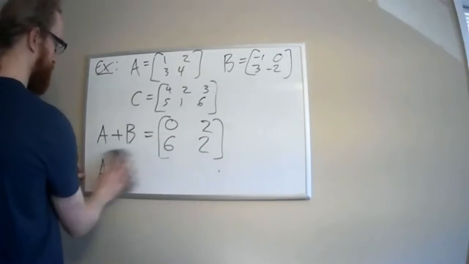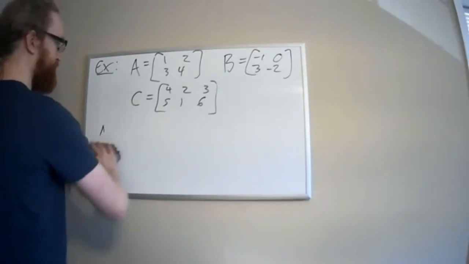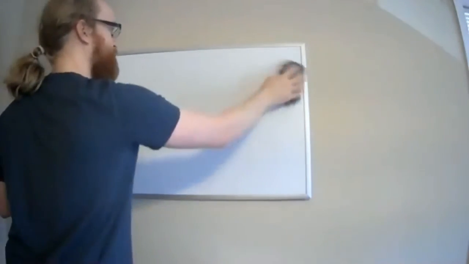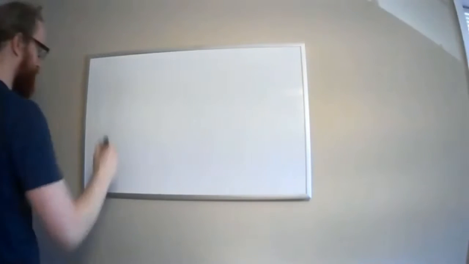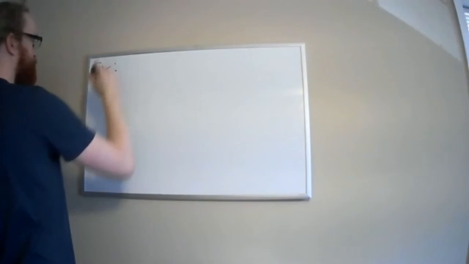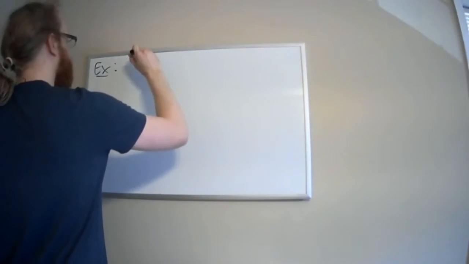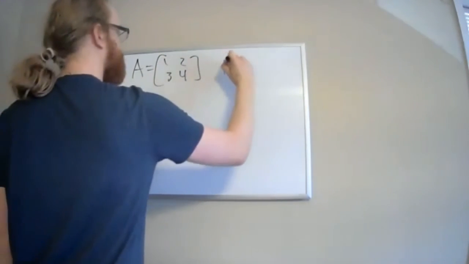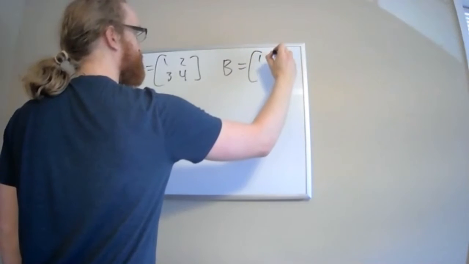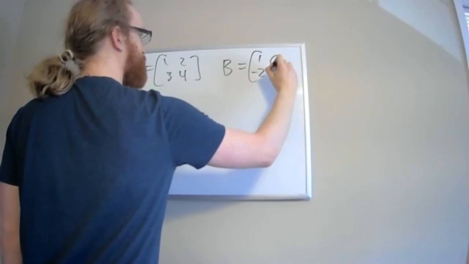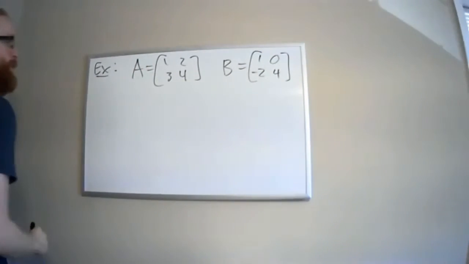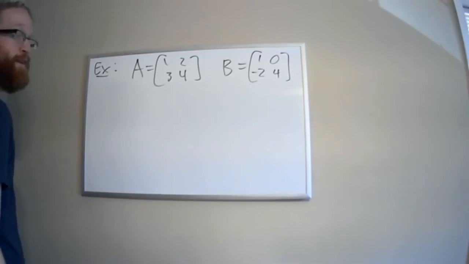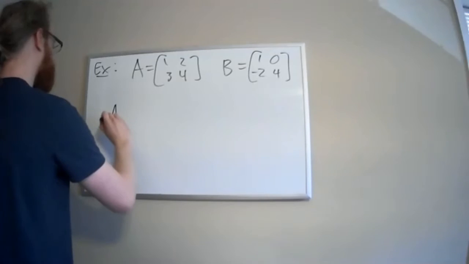I'll point out that in the same way that we do addition, we could do subtraction. There's really no difference other than we subtract instead of add. So we also know how to subtract matrices by, again, just subtracting the corresponding entries. So maybe if A is this matrix again, and B is, I forgot what the other one was, we'll just do this. If I have these two matrices here, A and B, they have the same dimension, so I could subtract them, and it would work like this.